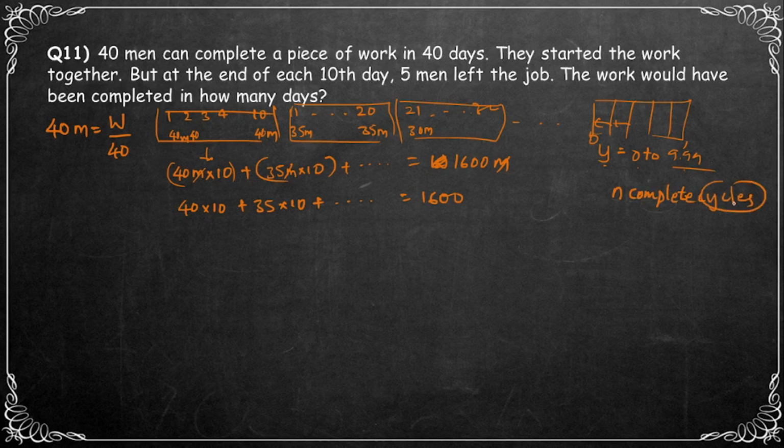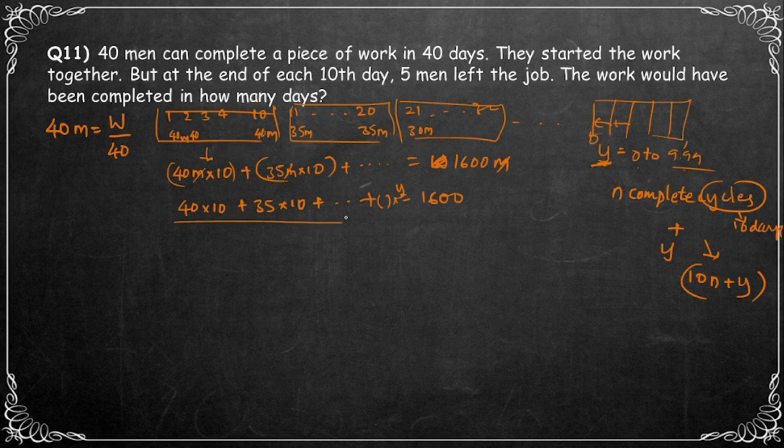Each cycle is 10 days and then they have worked for y number of days. So that means we need to find 10n plus y. So the last term will be number of men into y days.